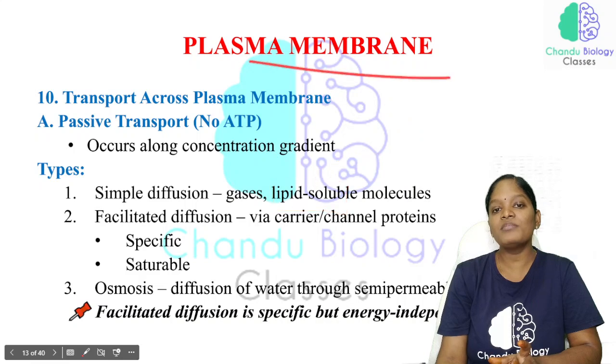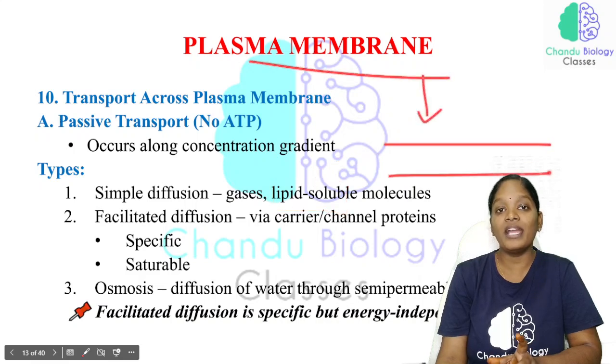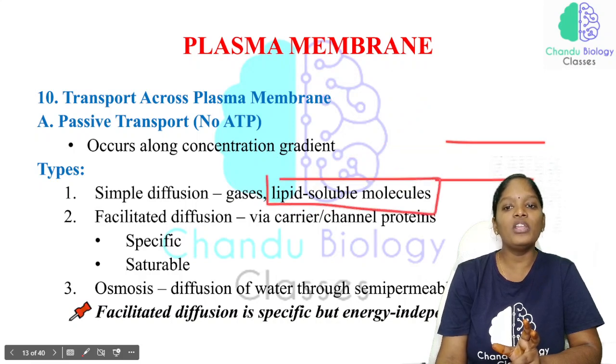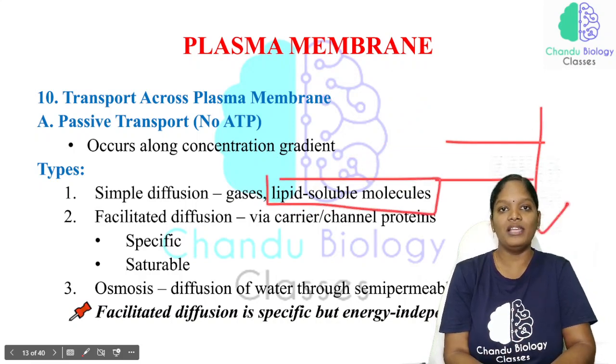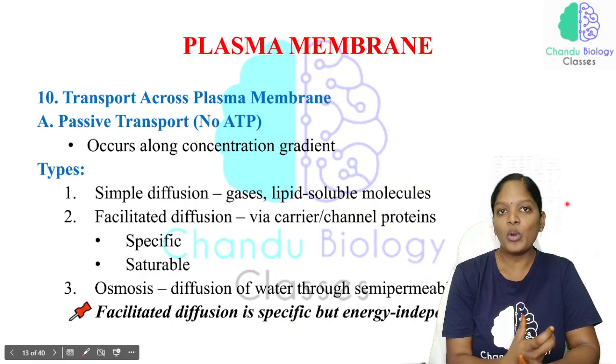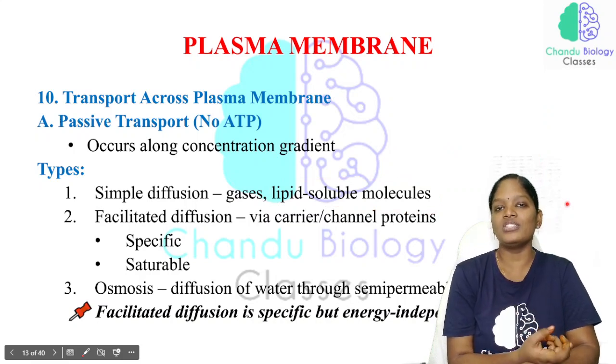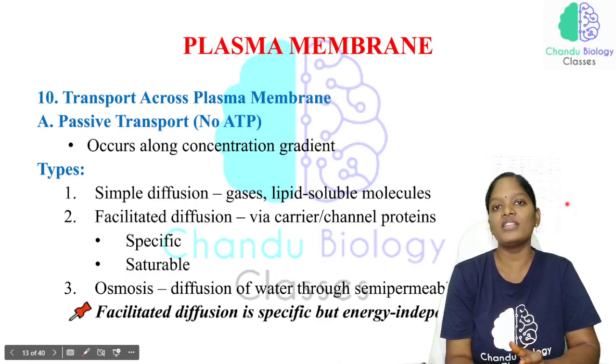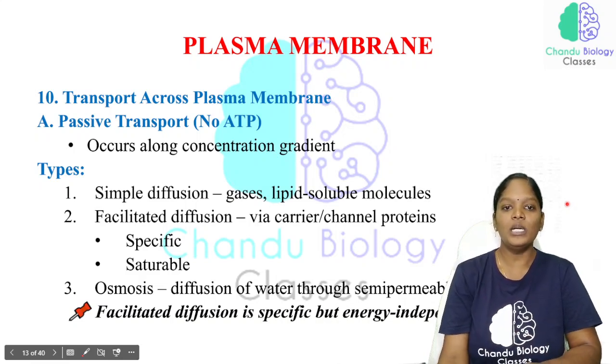Why? Because the plasma membrane is made up of a lipid bilayer. As it is made up of a lipid bilayer, lipid soluble molecules can easily cross it. If the molecule is proteinaceous in nature, it cannot cross the plasma membrane. So this is a very important thing.